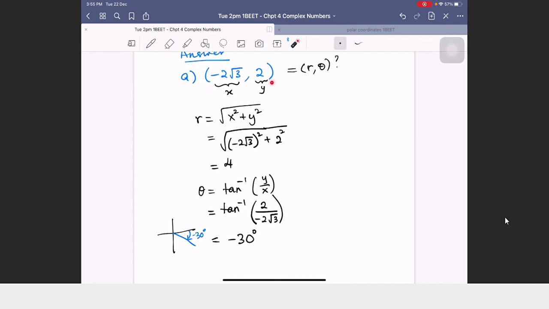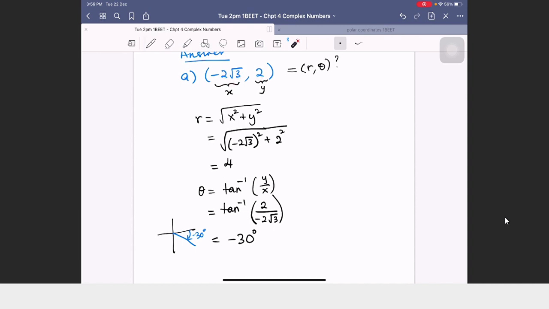which quadrant this coordinate lies in. So minus 2 sec 3, 2.